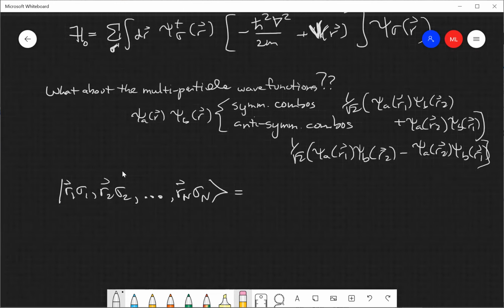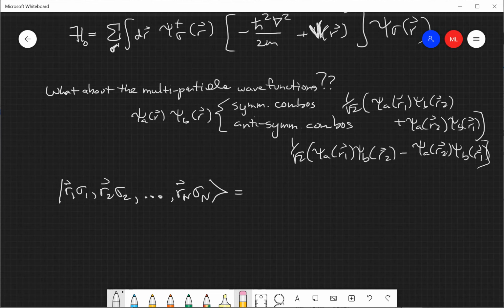Now, it turns out that there's a normalization. The normalization ensures that when you take the expectation value, what do we need? We need the state to be normalized. We need it to give us a bunch of delta functions, if this is a tensor product of particles at locations R1, R2, and so on.